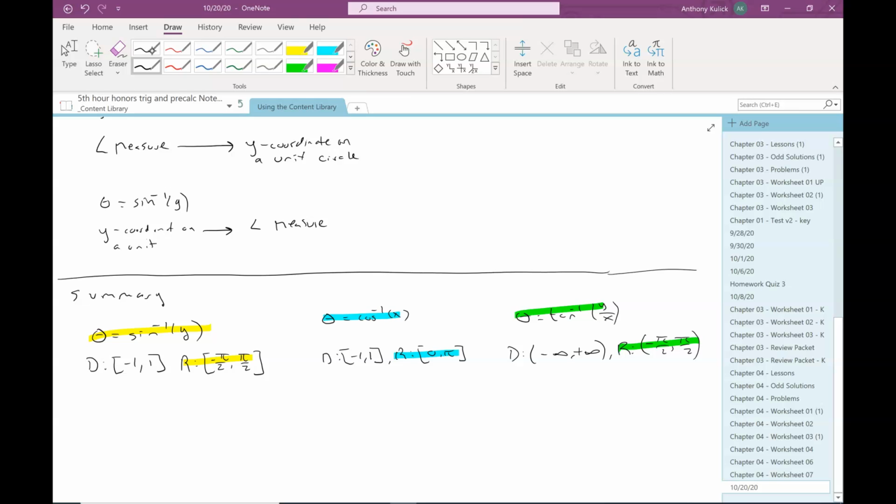Is everybody okay with how we built out these inverse functions and what we did here? The beginning part was not something we would ever really need to reproduce in a homework assignment. It was just explaining what these inverse functions are, how we made them work, and why their ranges are specifically what they are.